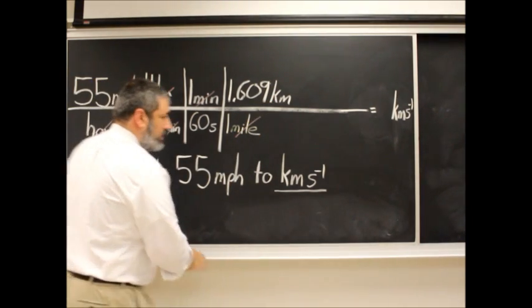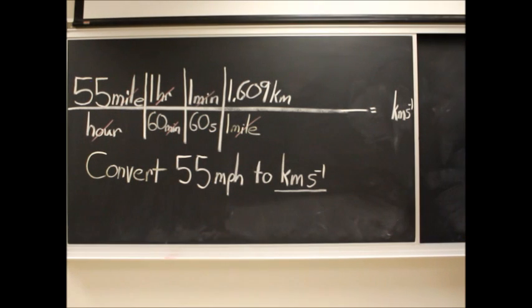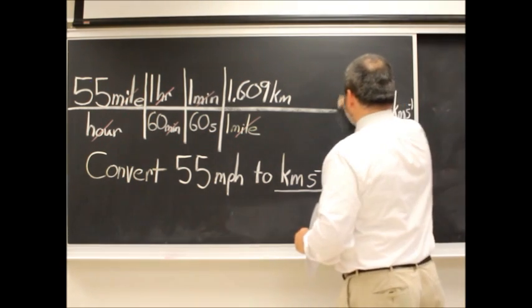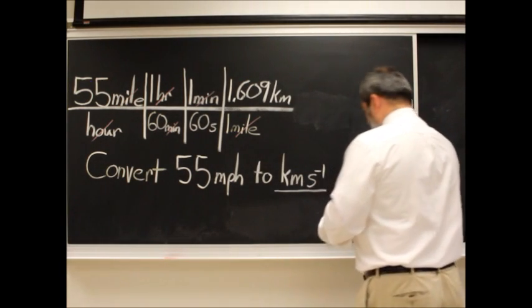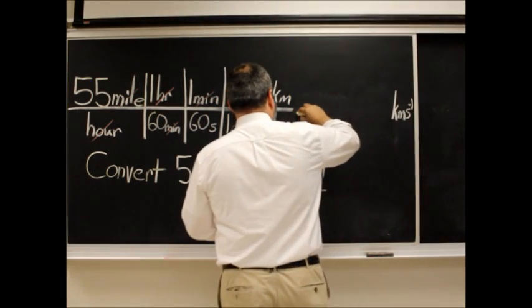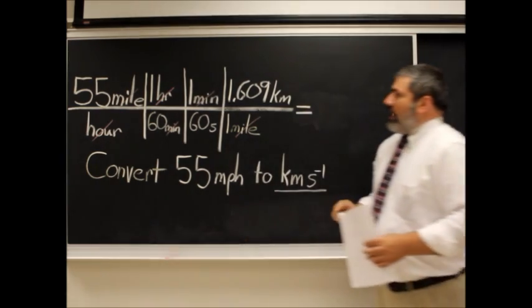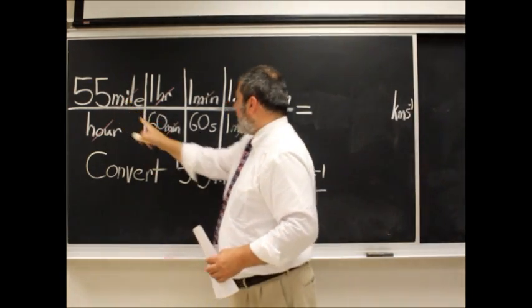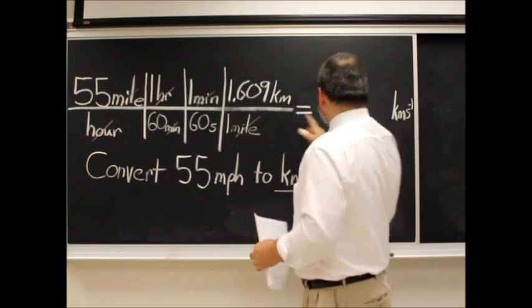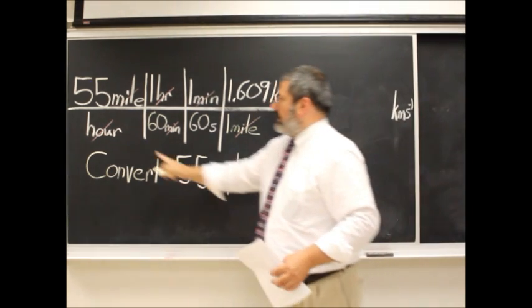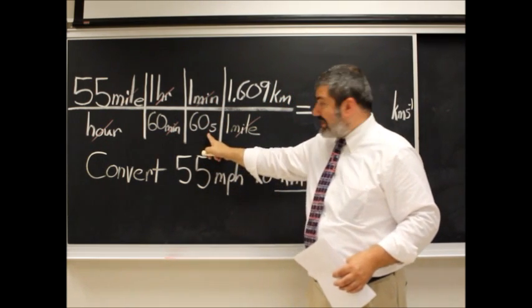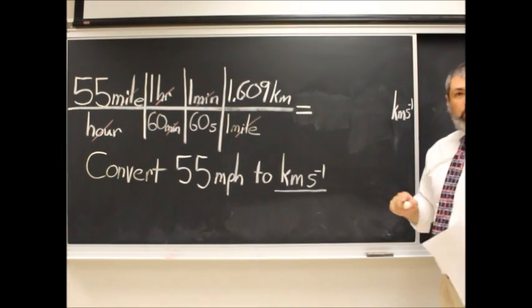I'm in units of kilometers. See, I gave myself more space than I needed, but that's good. Always double check. Miles cancel, kilometers, that's what I want. Hour cancels, minute cancels, per second, that's what we want.